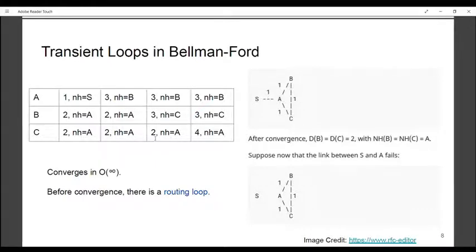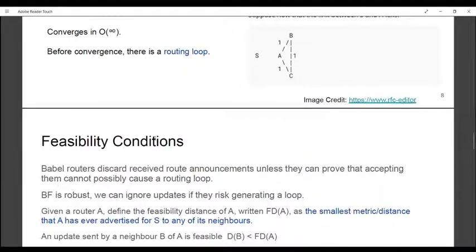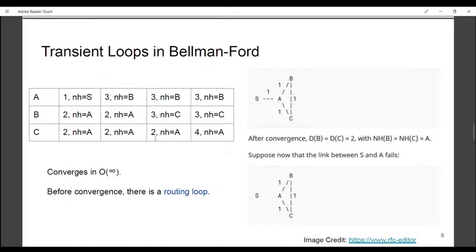So a loop is getting formed, and this process of nodes changing selected neighbors and increasing their metric continues until the broadcast metric reaches infinity. So once it reaches infinity, it will stop.